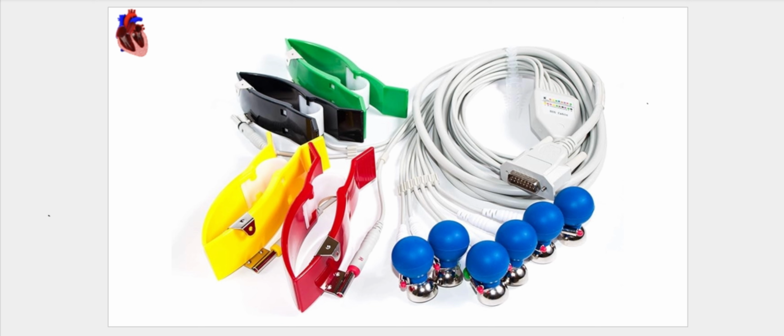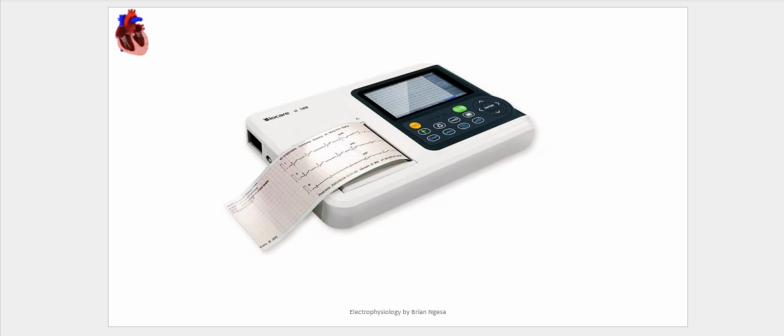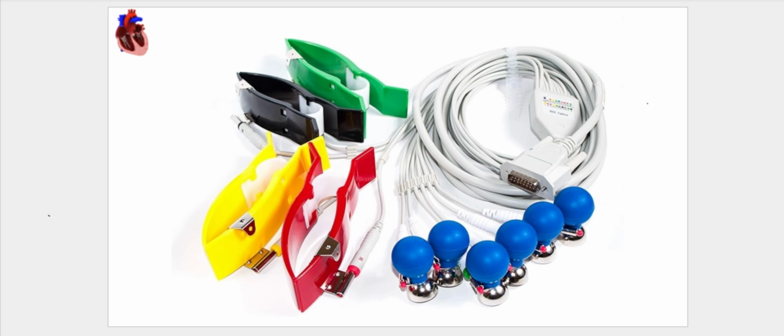If you can see from our image, this is a part of an ECG, only that it is not attached to a monitor. If we go to the second image, you'll be able to see the monitor we are referring to. When you're talking of the ECG, you should be able to remember the 12 leads. In the image, these are what can be identified as leads.